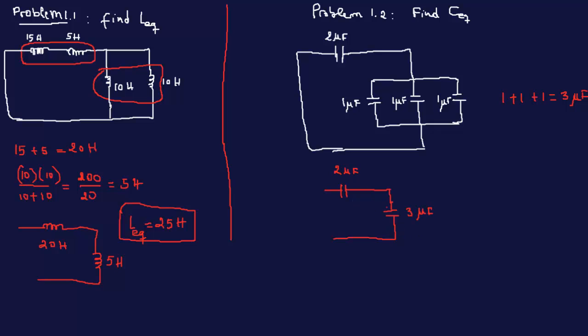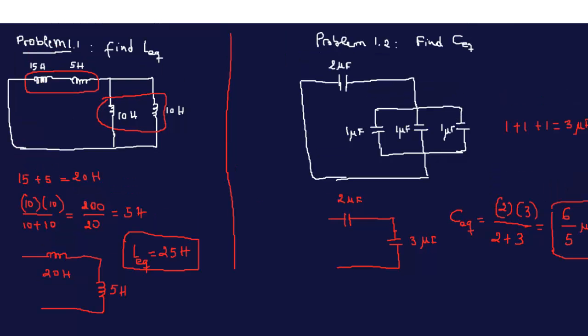So these are in series, and so the C equivalent would be 2 times 3 over 2 plus 3, so this is equal to 6 over 5 microfarads. Okay, so that's the final answer, I think. Yes. Okay, so moving on to another problem.